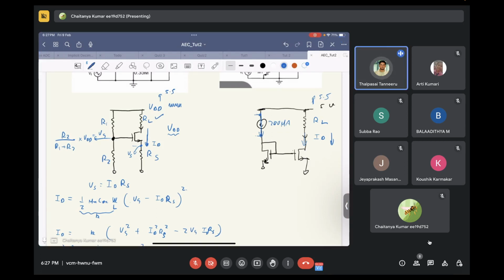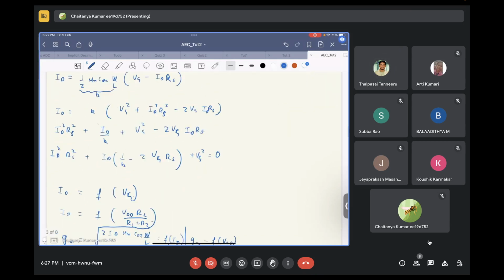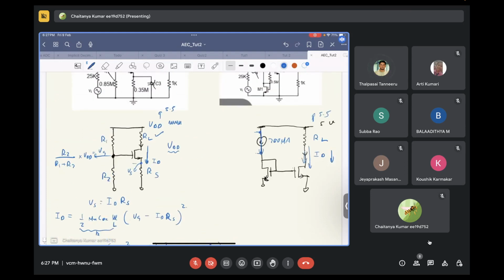Not like this circuit is immune to all the process variations. If there is a change in mobility, the current in the transistor depends on ID, correct? Yes, sir. And ID is fixed, this ID is fixed to 200 microampere.